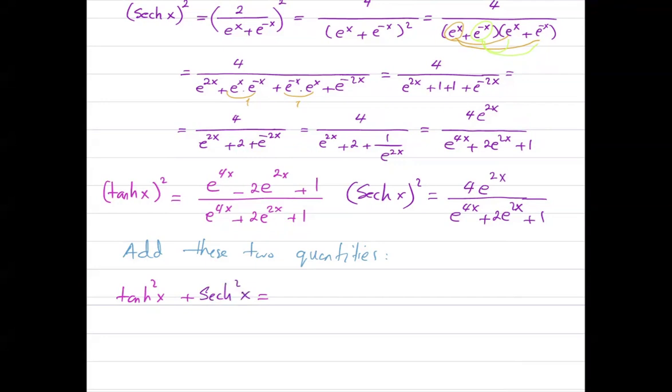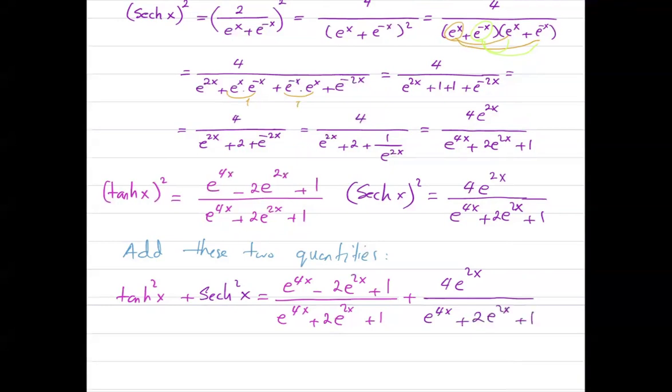This can be written as e to 4x minus 2 e to 2x plus 1 divided by e to 4x plus 2 e to 2x plus 1 plus the second function, which is 4 e to 2x divided by e to 4x plus 2 e to 2x plus 1, the same denominator.